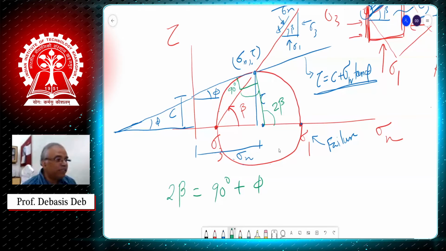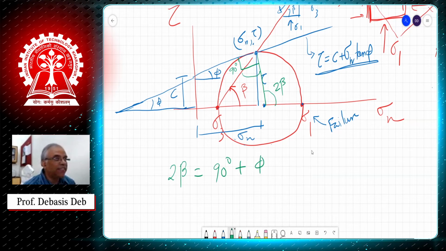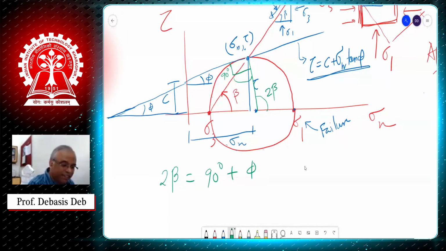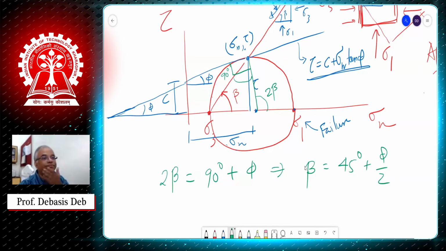Okay. So if this is the case, then I write beta is equals to 45 degree plus phi by 2. Or in other words, phi is equals to 90 degree minus 2 beta. Means from here I can directly write.